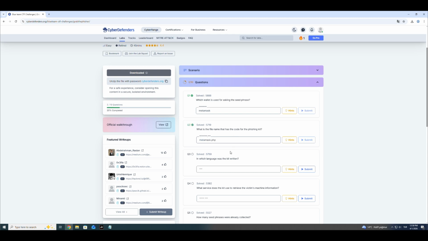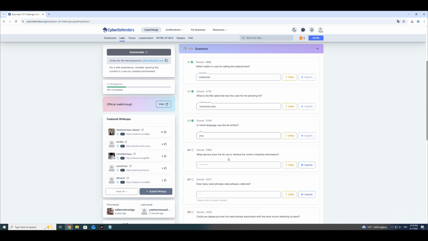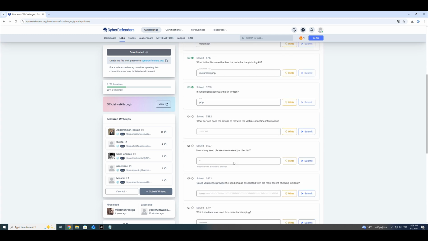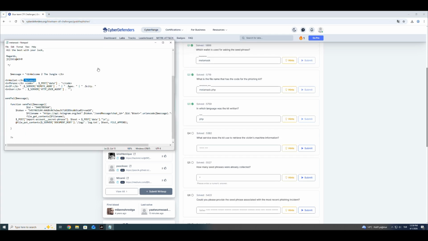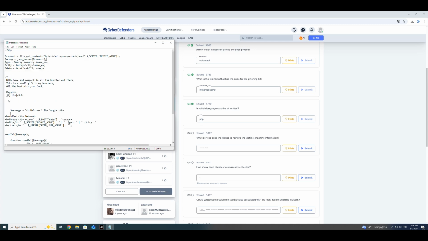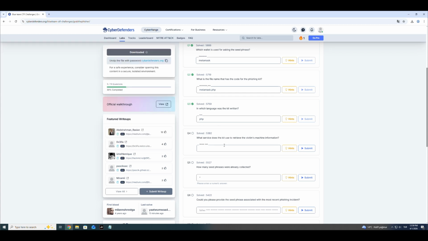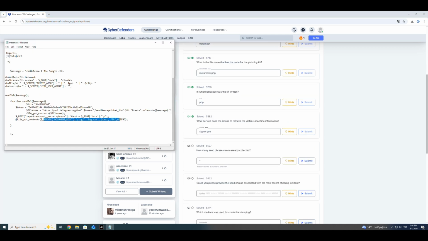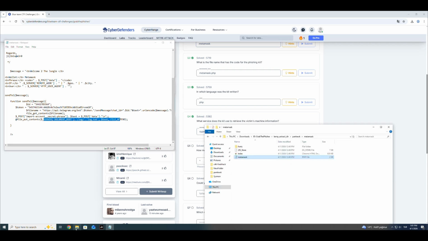Opening this in a text editor confirms our suspicion. This is the core script handling the malicious logic, giving us the answer to that question too. A cursory glance at the syntax in that file reveals that the backend of this phishing kit was written in PHP, successfully knocking out question 3.